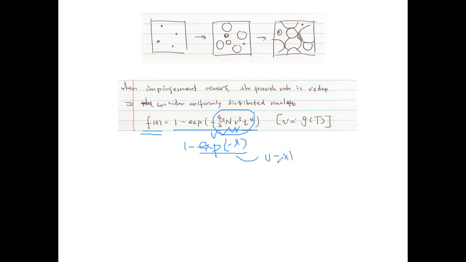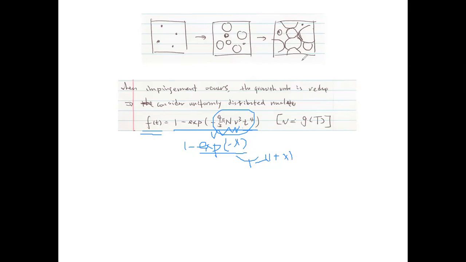Then you plug this back in here: you have 1, minus 1 cancels one another, and plus x. So this means that when x is very small, which means t is small, the whole term within this exponential is small, and plugging this into the expression, you can get a simplification of f of t as a function of t when t is small.